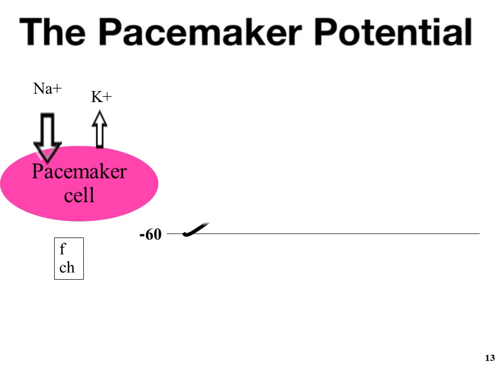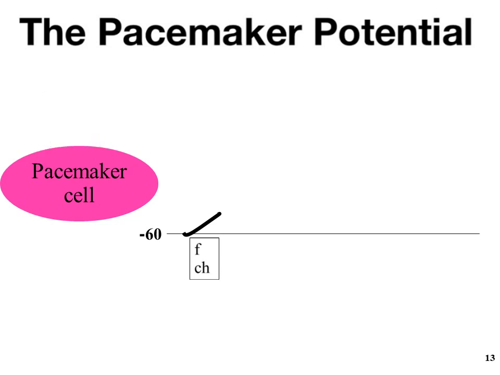The resting membrane potential will move from -60 toward positivity and reach -50. So this first part of the prepotential is the job of H channels or F channels. At -50, another channel is activated, the transient calcium channels.